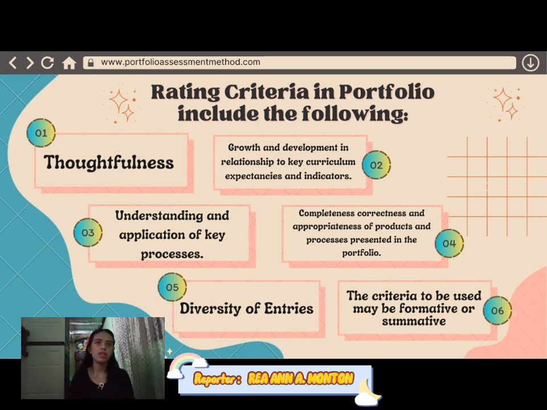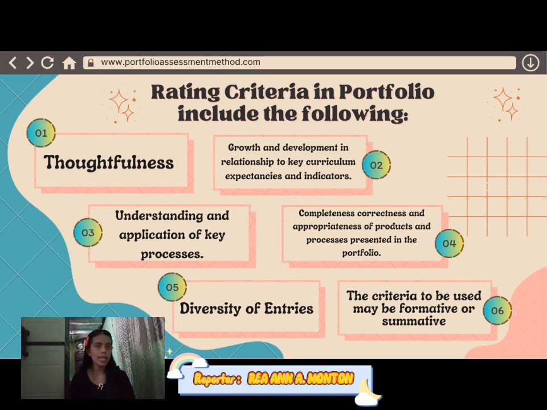So this criteria talks about relating the subjects. The portfolio you create, is it related ba sa subject, and ma-achieve ba siya sa instructional goal sa teacher. So that's it. So that is the second criteria in rating portfolio.